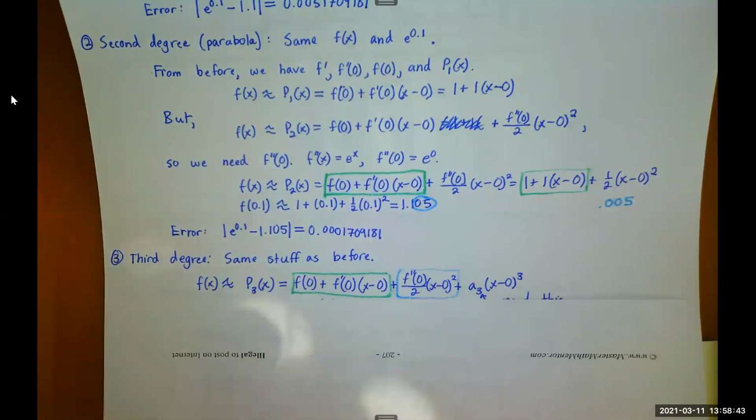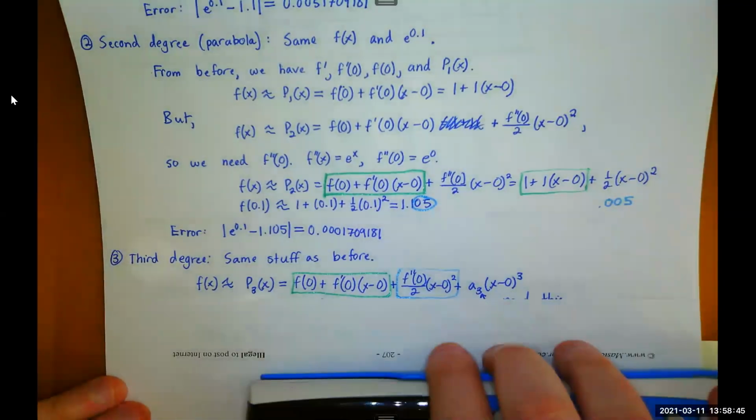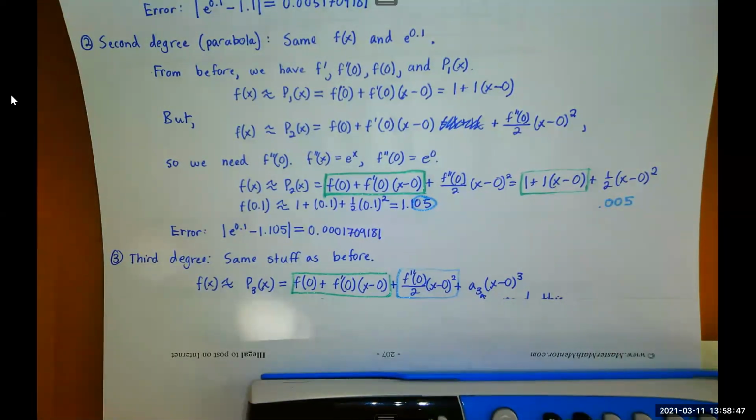So P sub 3, which is approximately equal to f of x, is the tangent line, f of 0 plus f prime of 0 times the quantity of x minus 0, plus we add on the quadratic part, which is what got us the 0.005, remember? So we have 1.1 plus 0.005. We need the cubic.